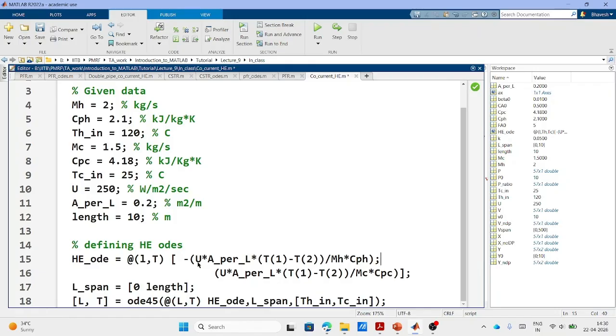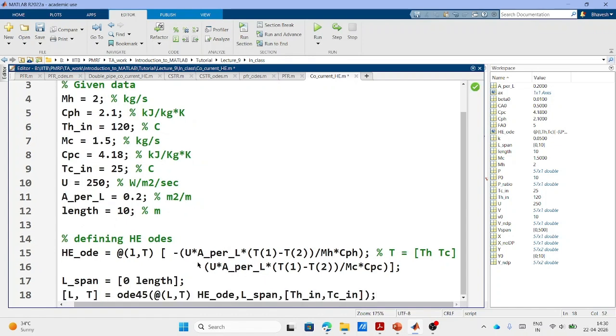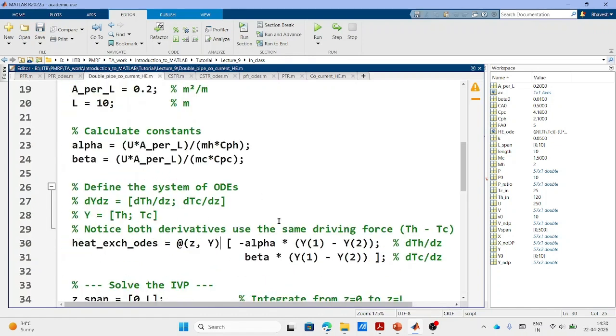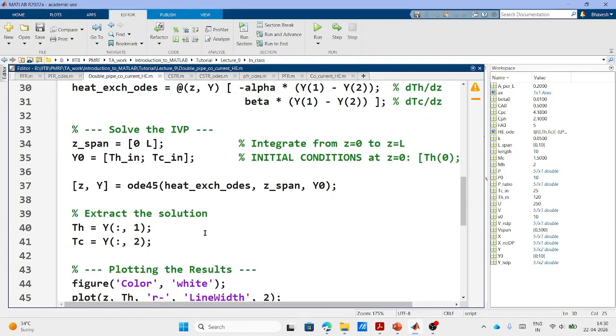Here your T is equal to TH bracket TC. This is your ODE. Obviously we had previously also discussed that the solvers consider that you provide dependent variables in the form of one vector only.